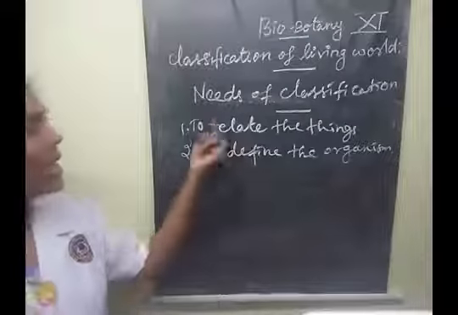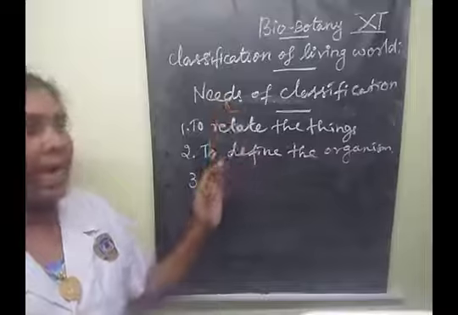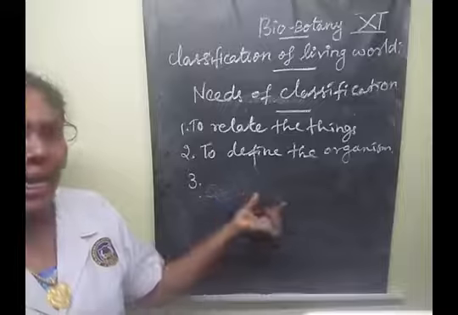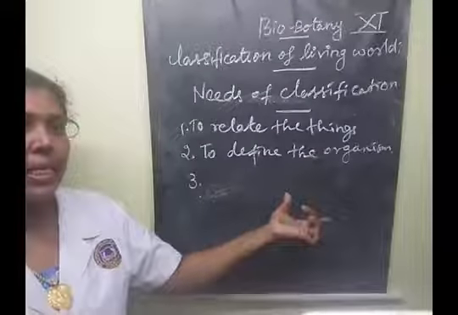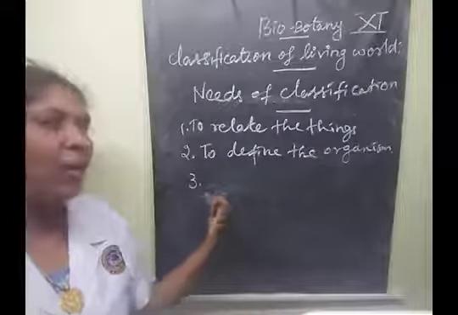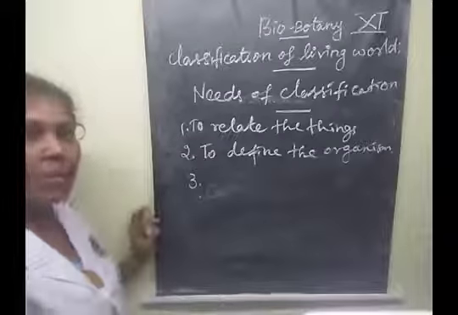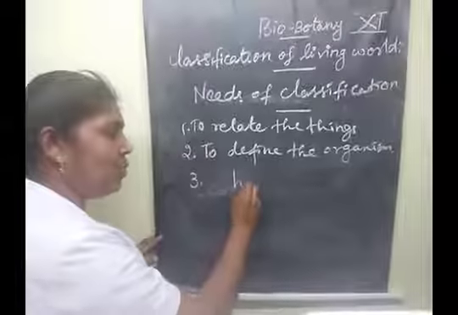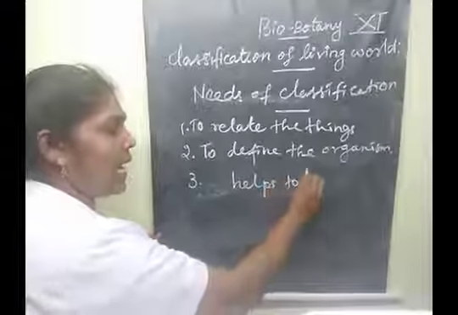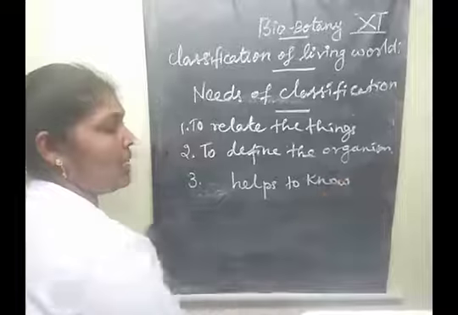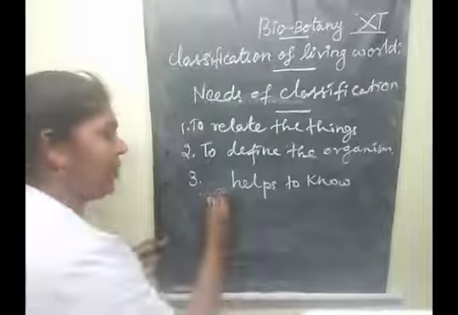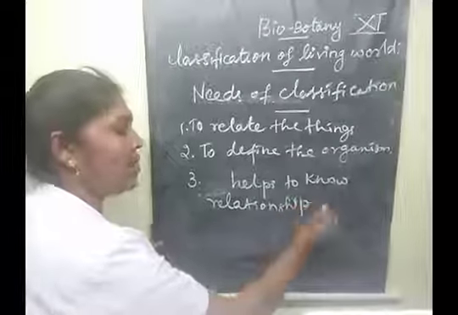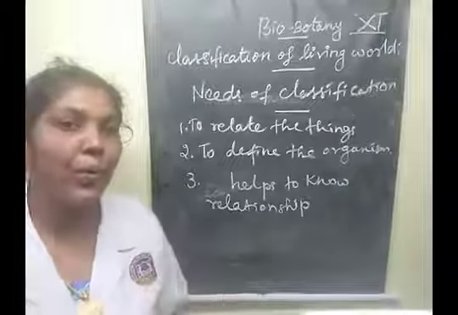The next one is, classification helps in knowing the relationship among different groups of organisms or different groups of plants.